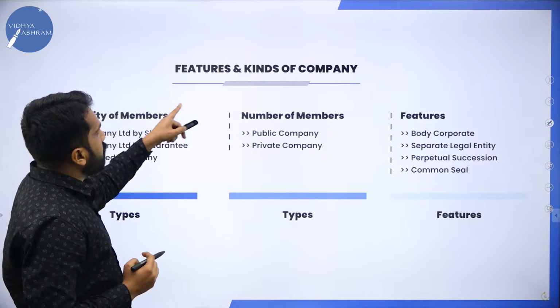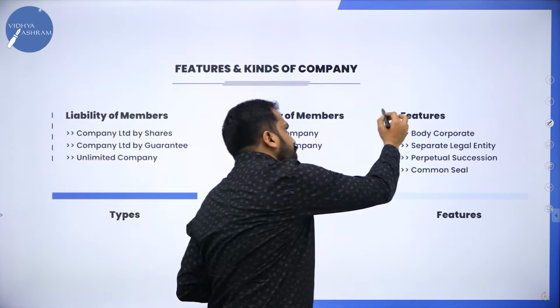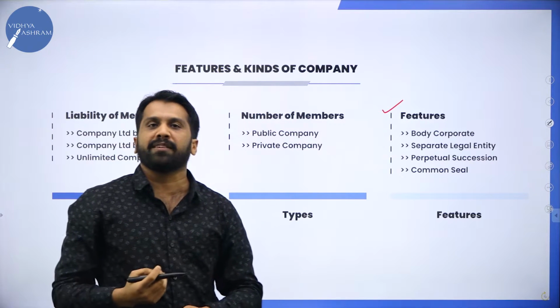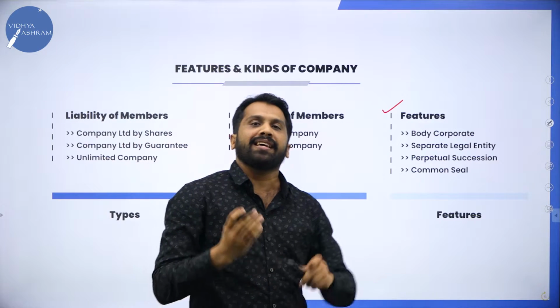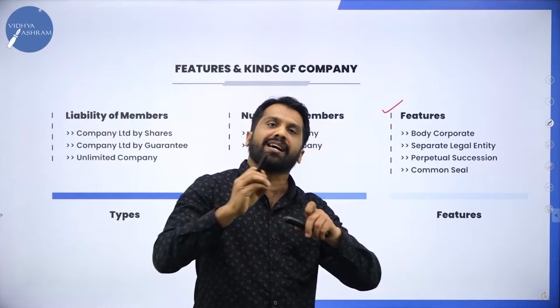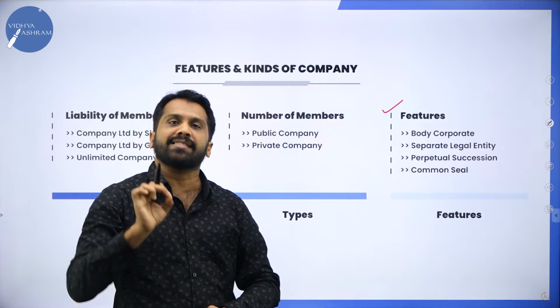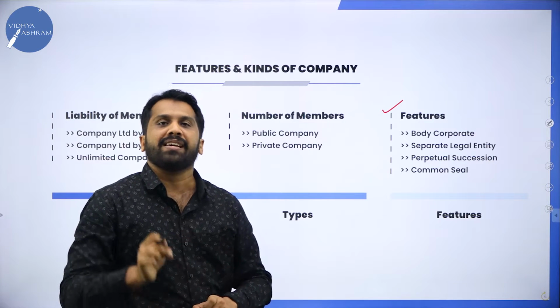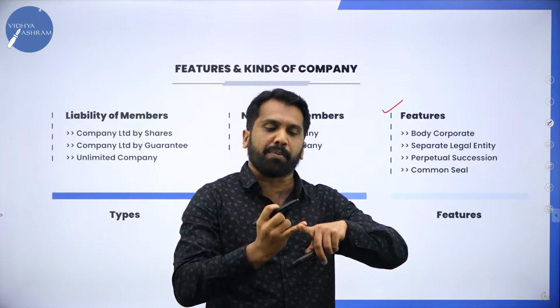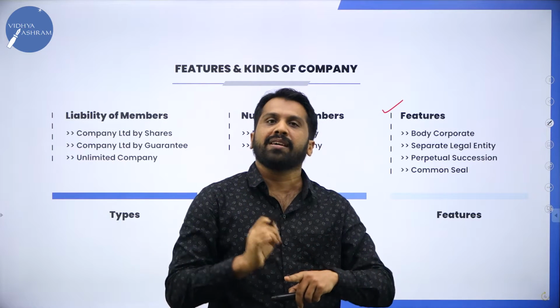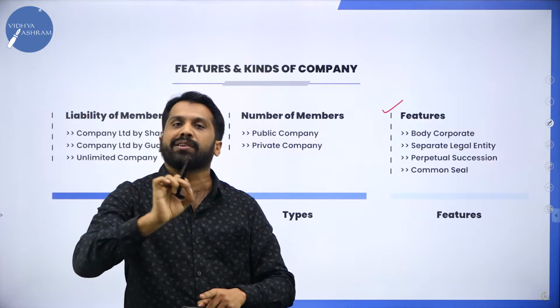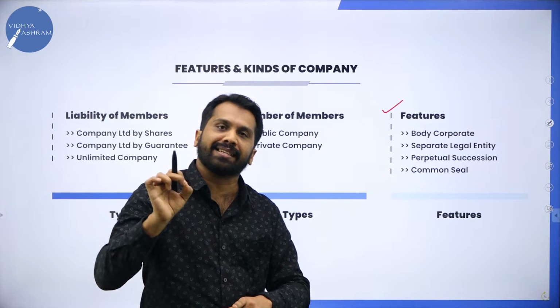Now, before we go to kinds, we'll go to features of company. So you know what is company? Any company registered or incorporated as per Companies Act is called as company. Again, I'll repeat, any company incorporated or registered as per Companies Act 2013 is called a company.